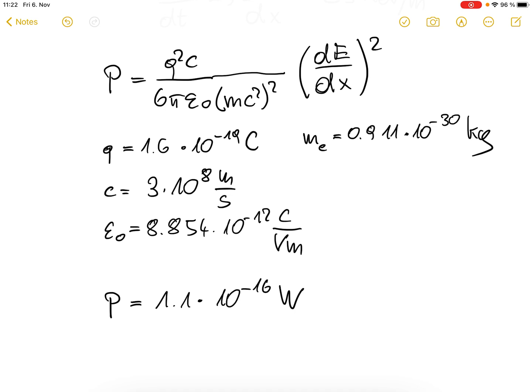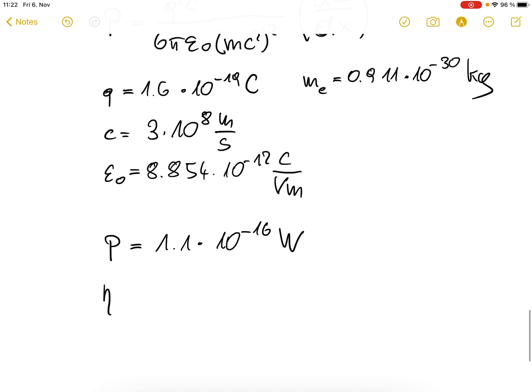Now let's do one more thing. We can compute the energy efficiency, that is the energy efficiency of the electron in producing radiation. So we call this object eta, and it is just the power that's dissipated divided by the change in the energy of the electron.